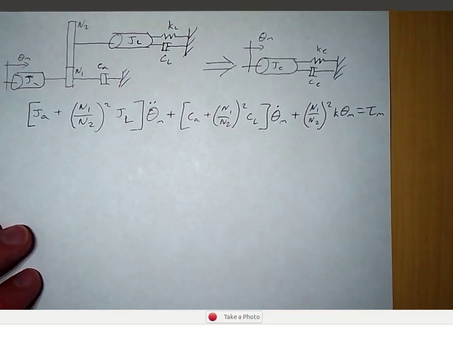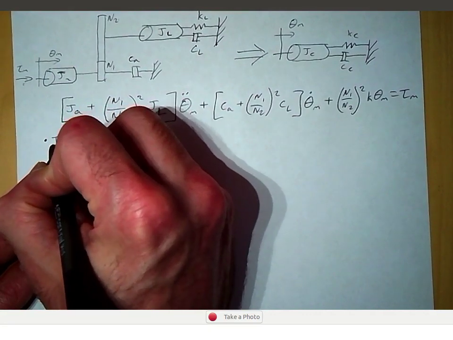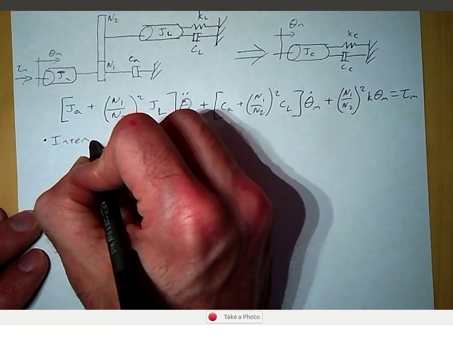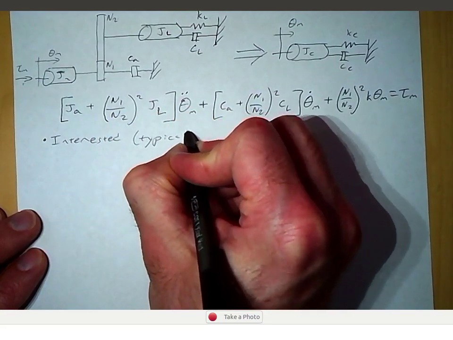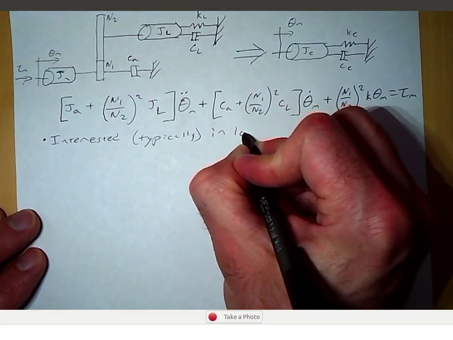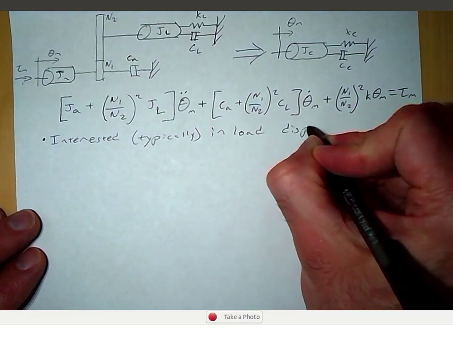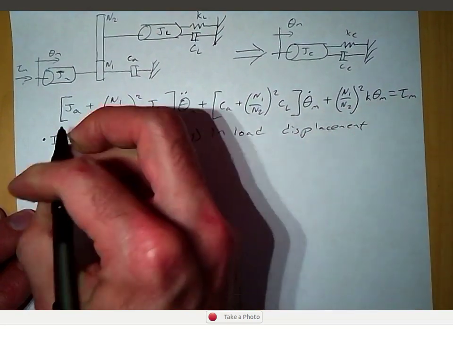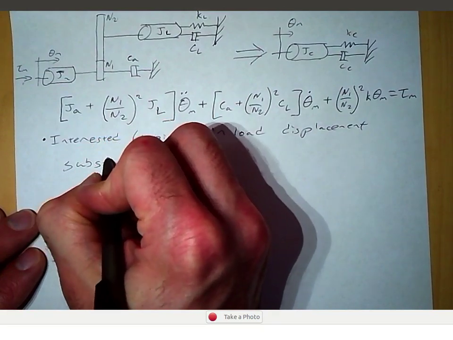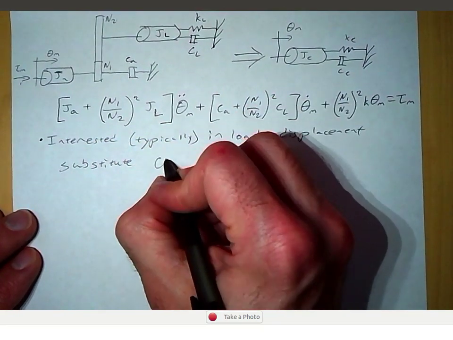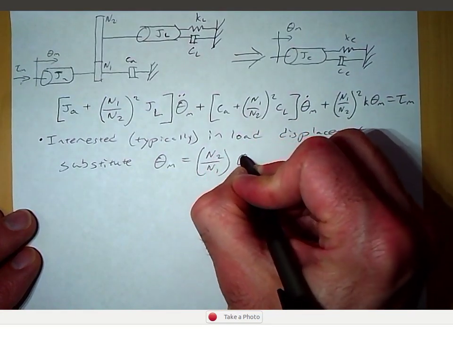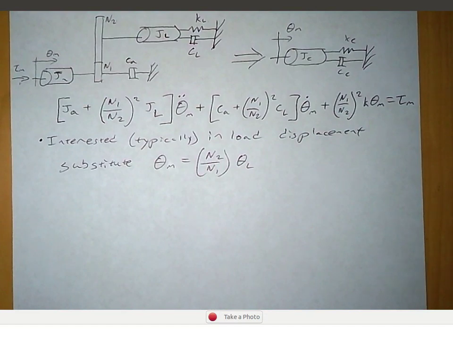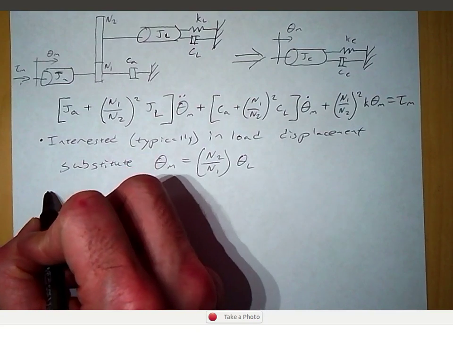So we're typically interested in the load output. Therefore, we're going to substitute theta M equals N2 over N1 times theta L. And doing this, we get the following expression.